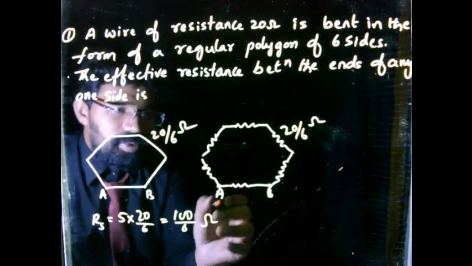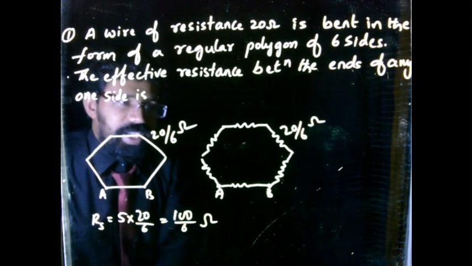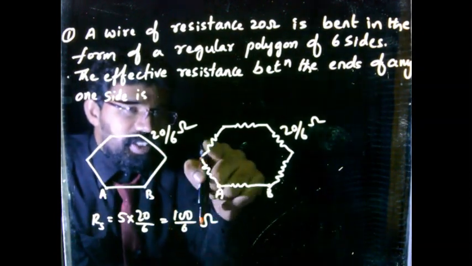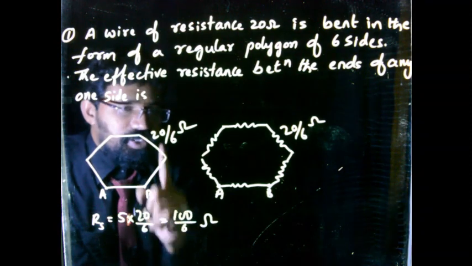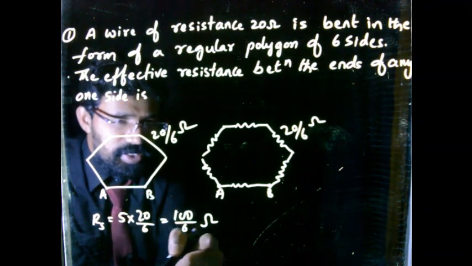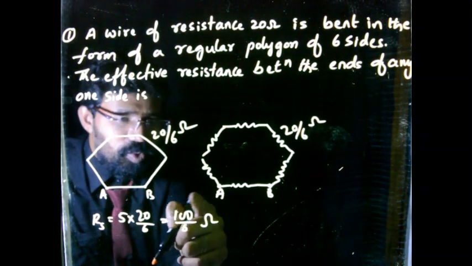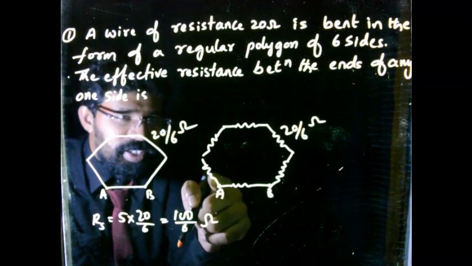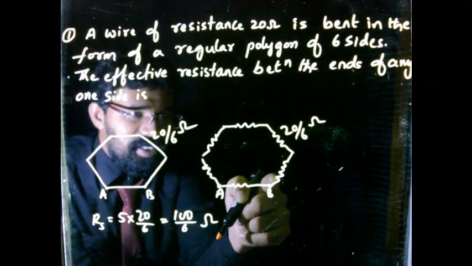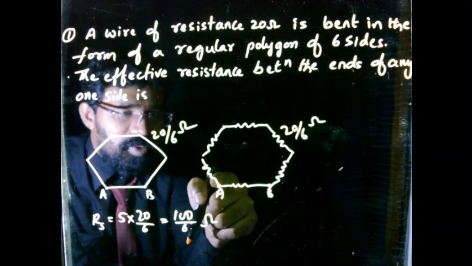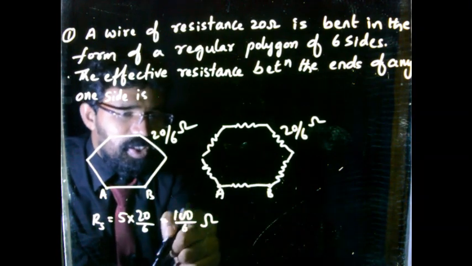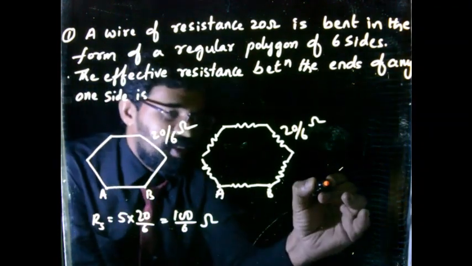Now I am going to draw one more diagram. I will replace all these 5 resistances with a single resistance of 100 by 6 ohms, because just now we came to know that this entire length's resistance is equal to 100 by 6. So now I am going to replace this entire part with a 100 by 6 ohm resistance, something like this.